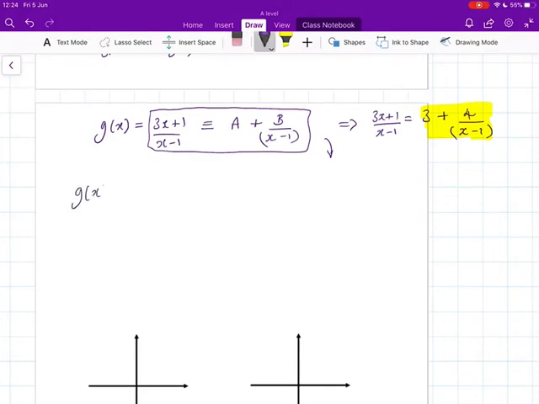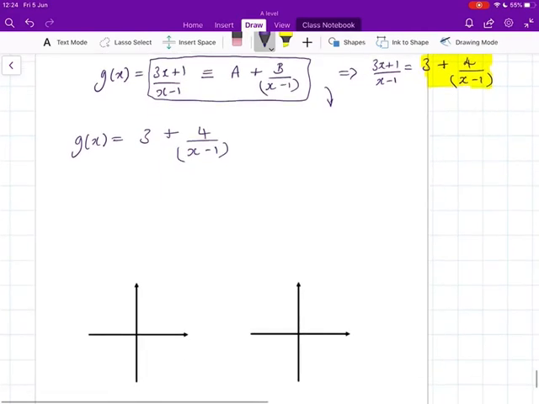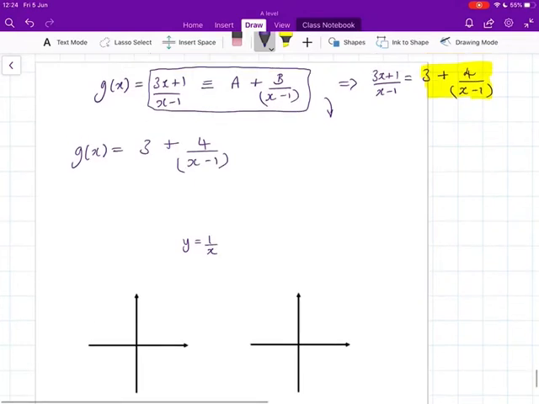Okay, so we've got to draw this graph. We're going to build up from our family of curves. We're going to start off by thinking, what does the graph y equals 1 over x look like? Because we've got some function which has a denominator with an x in it.